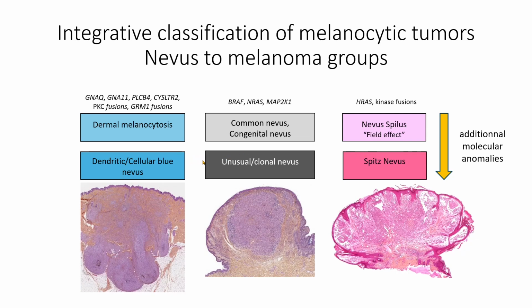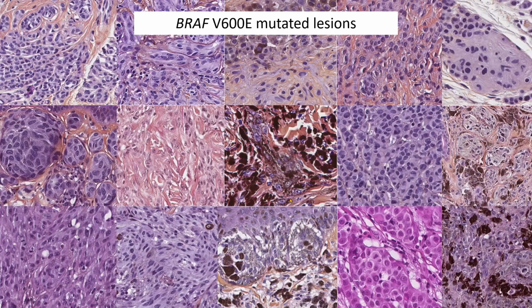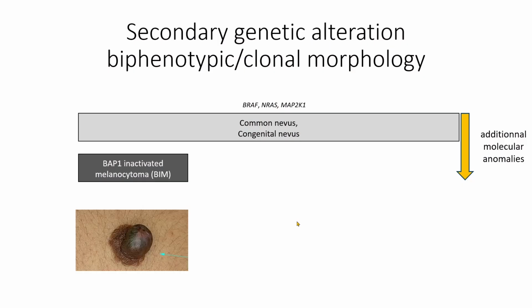So an example of low grade in the common group would be a clonal nevus. If we look here at this mosaic of images, all of them have a BRAF V600E mutation background, but they all look different, meaning that that mutation by itself is not going to be solely responsible for the morphology. It's going to be all the secondary events that can drive either morphology or a degree of pigmentation.